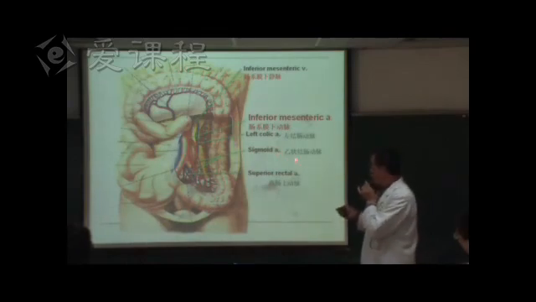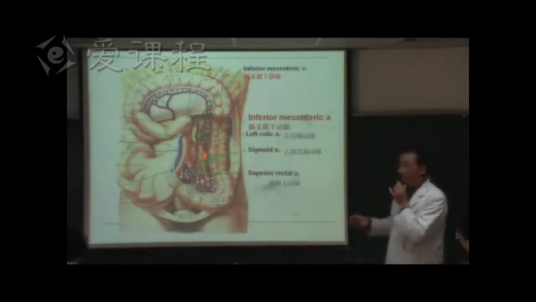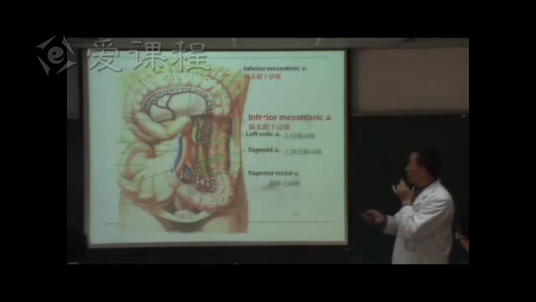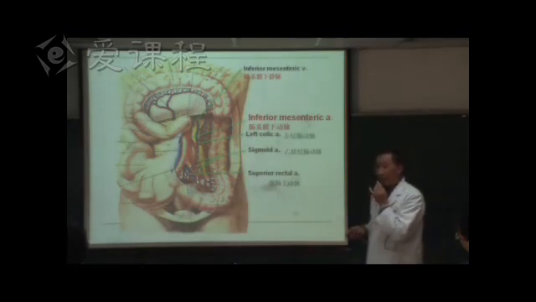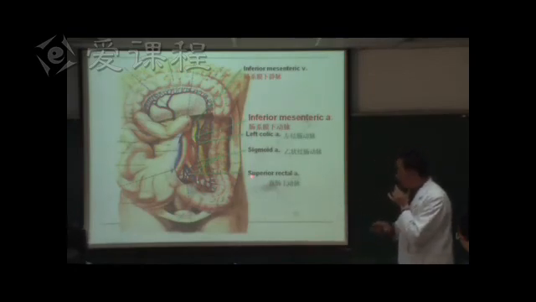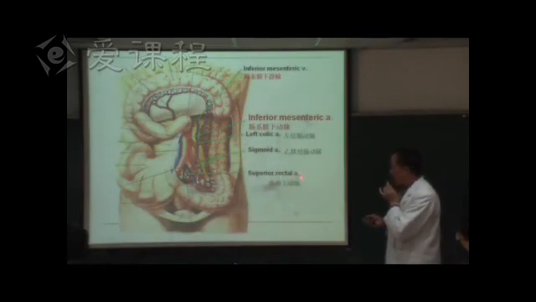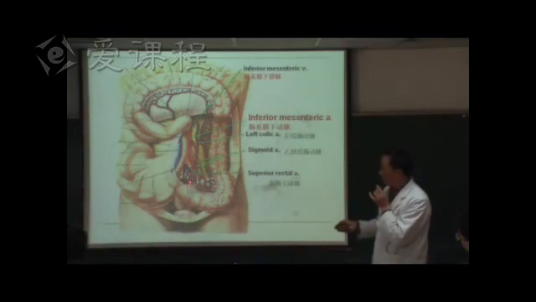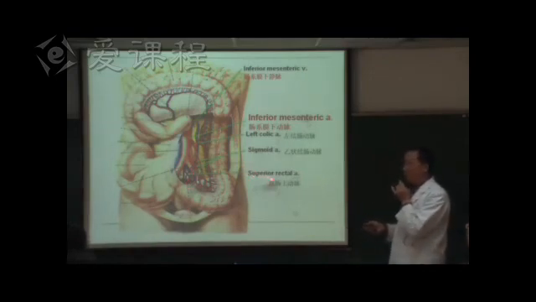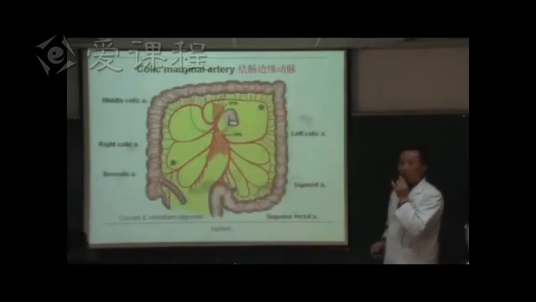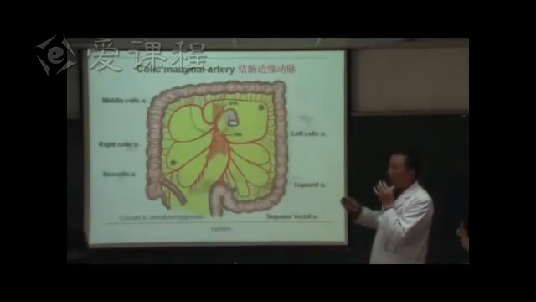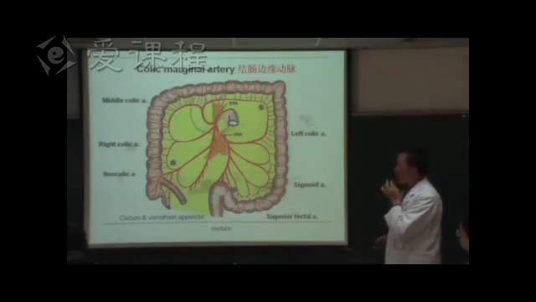Yes, 乙状结肠动脉. And the terminal of the inferior mesenteric artery is the superior rectal artery. This one. So read it, please. Superior rectal artery. Now, we make a summary about the arterial supply of the colon.